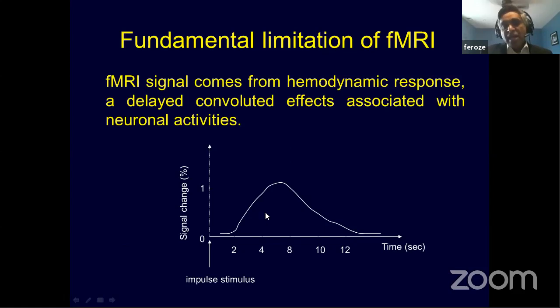And as you probably know, the hemodynamic response takes almost a couple of seconds to even start, and it increases and peaks at 5 seconds, and it goes down at 12 seconds. So the HRF, or hemodynamic response function as it is commonly called, is very sluggish. It's very slow, so temporal resolution is a poor thing.